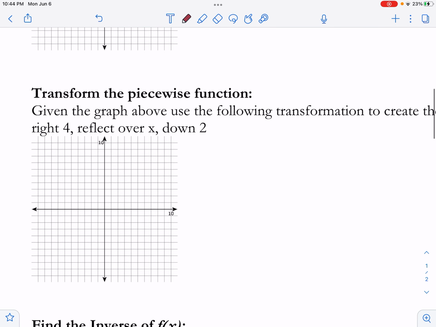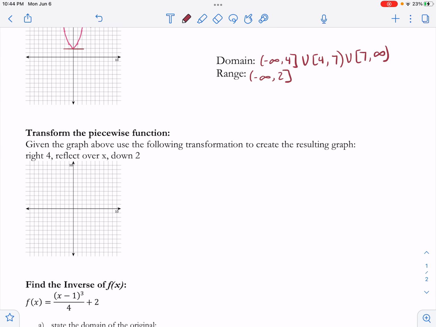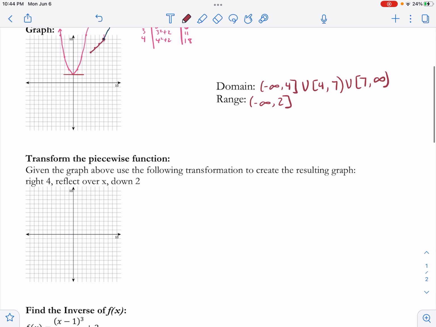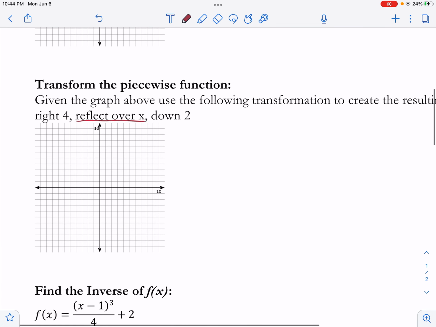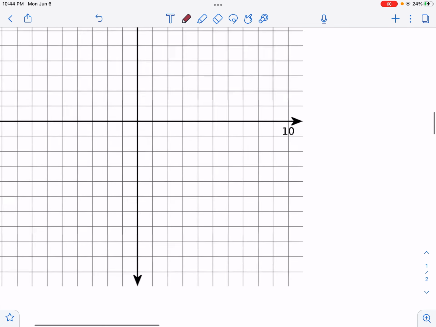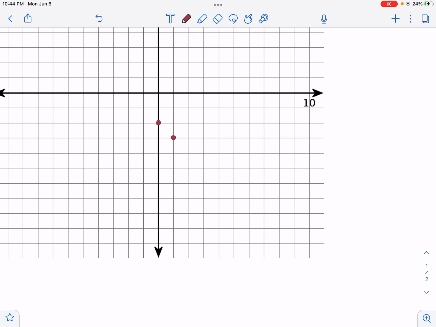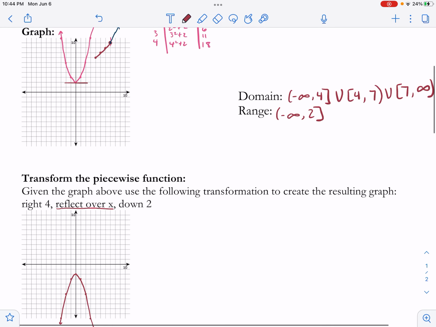Okay, so for here, given the graph above, use the following transformation to create the resulting graph. So write 4, reflect over x, down 2. I'm just going to first reflect it over the x-axis. So it would start from here, and this will stop over here.